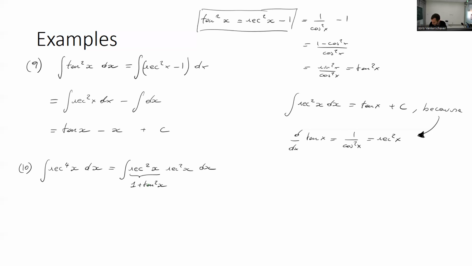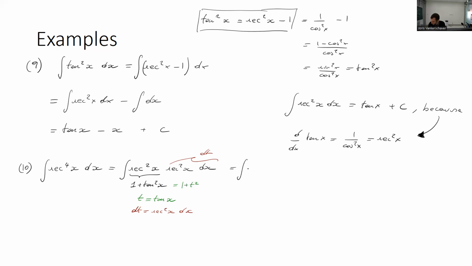So let me maybe just wrap this up with a few notes. Here, if we substitute t equal to tan x, what is dt? The derivative of tan x we had here, so that's secant squared x dx. So you get that this becomes dt, and this right here is 1 plus t squared.